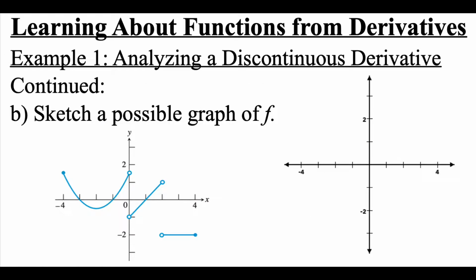So now what we're going to do is take that picture of the derivative and that information that we just talked about and try to sketch a possible picture for our function f. Now, one thing that we talked about was at that end point at -4, we were going to have a local minimum value. So I'm just going to pick some point to start at. So maybe I'll start right here with my function.